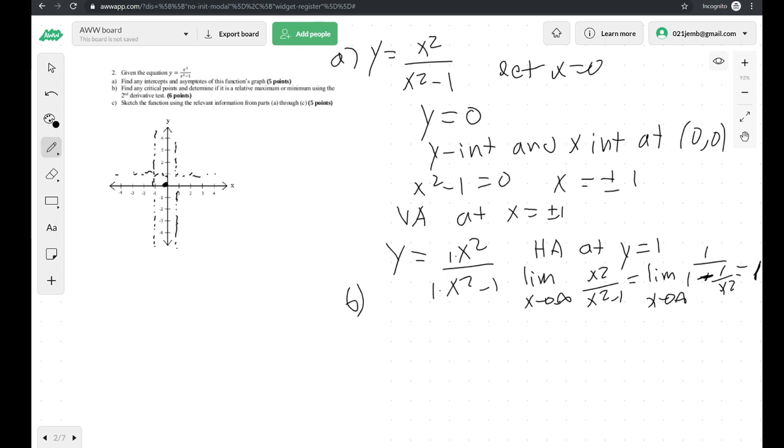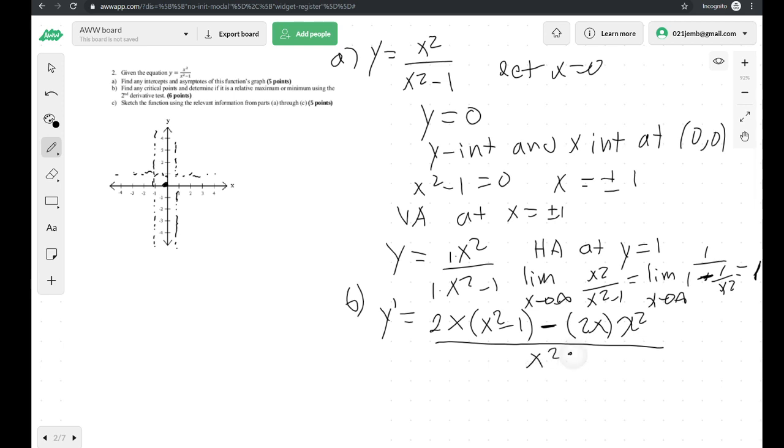So we're going to get to the common approach, which is just taking the first derivative of our function, which will be y prime equals, we're going to use the quotient rule here, so the derivative of the top times the bottom, which will be 2x times x squared minus 1, and then minus the derivative of the bottom, which is 2x, times the top, which is x squared. All of that divided by the bottom squared, so x squared minus 1, and then squared.